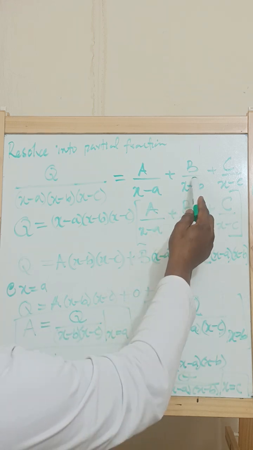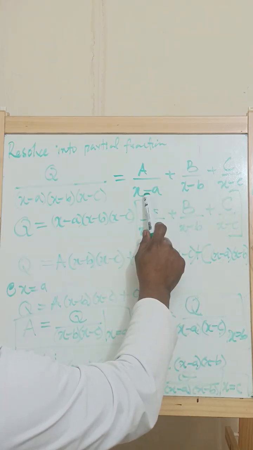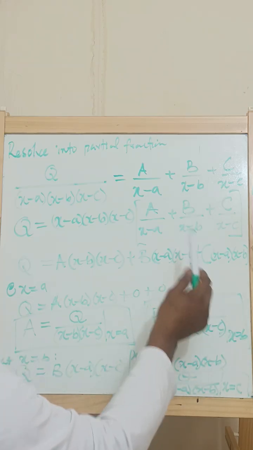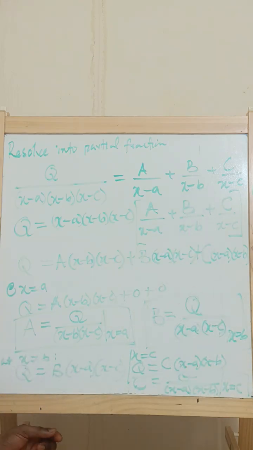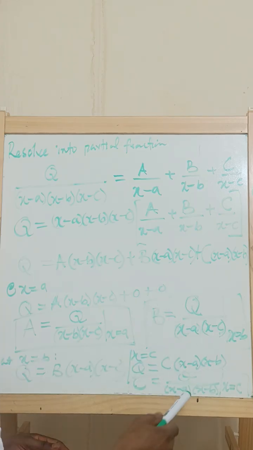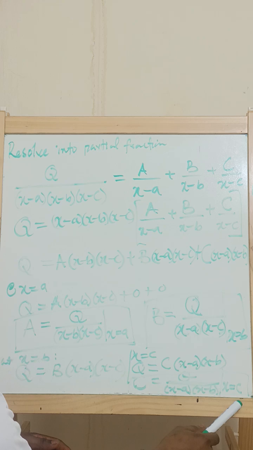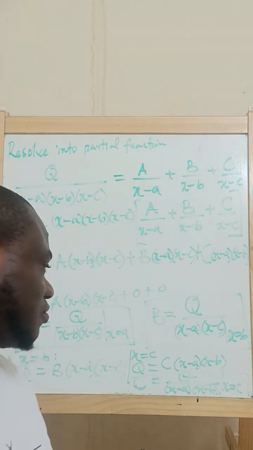For B, it is these two brackets, x minus a and x minus c, that will be under Q, and x minus b will be equated to 0 and substituted. Then for C, it is x minus a and x minus b that will be under Q, while x minus c will be equated to 0. So this is how we obtain the resolution of this fraction into partial fractions.